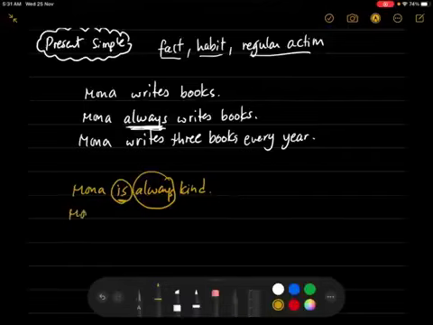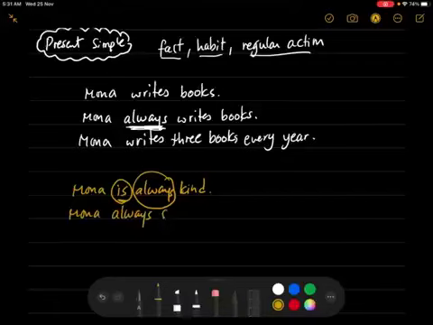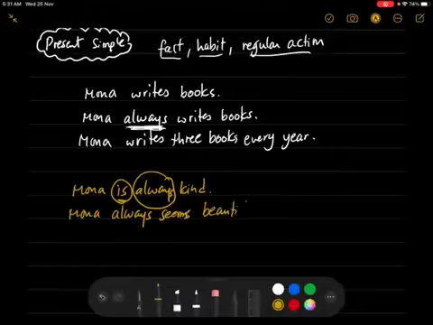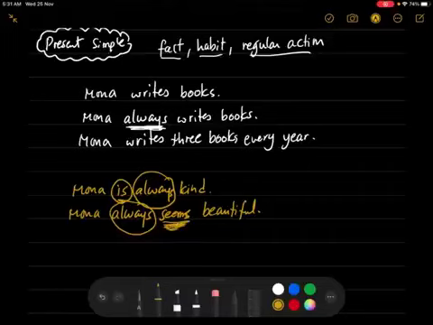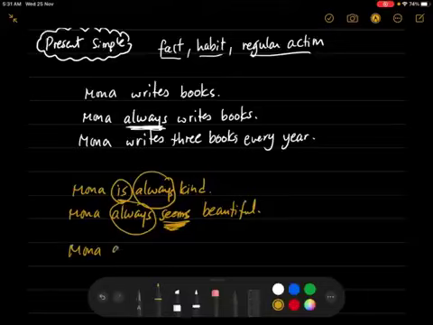So always comes after verb to be. Mona always seems beautiful. So always here came before the main verb seems.